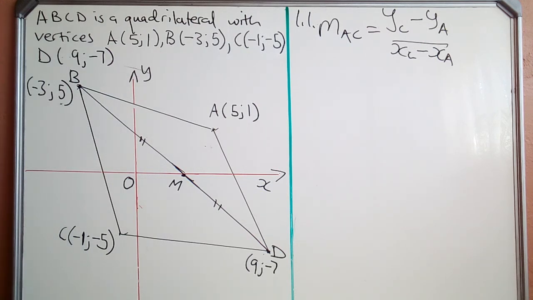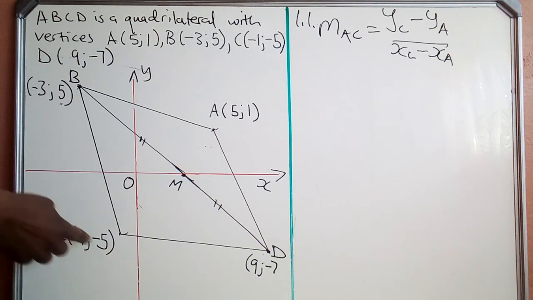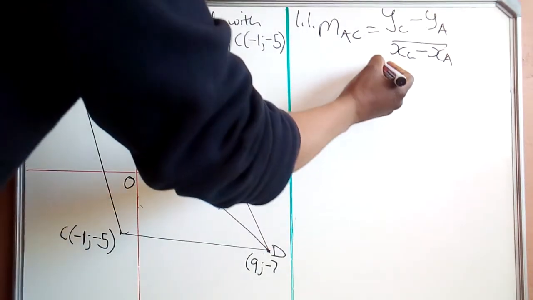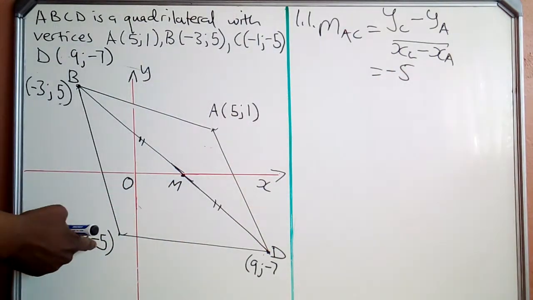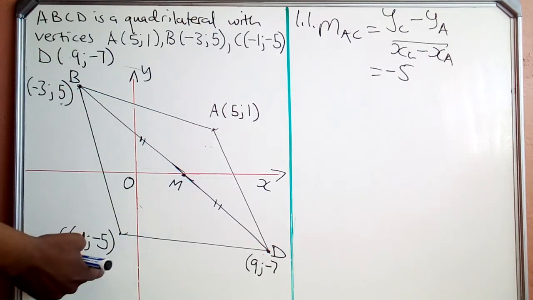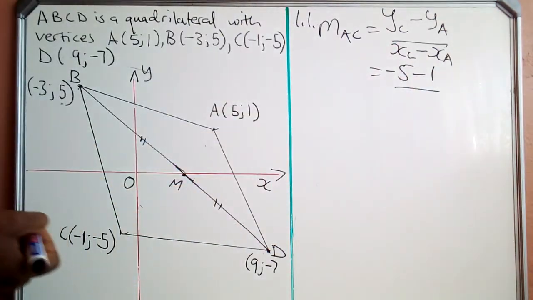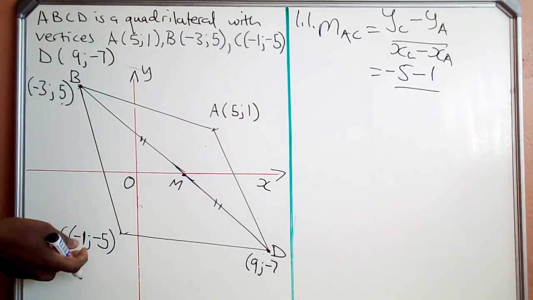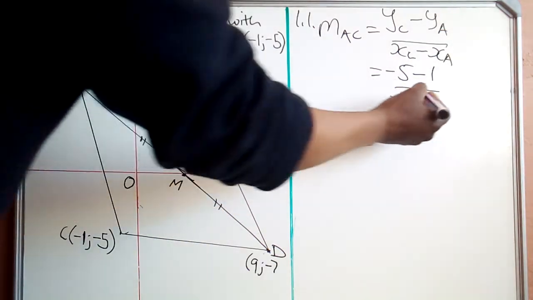All right, now moving forward, do your substitution. You've got YC being -5, so -5 minus 1, divided by your XC, which is -1, minus 5.